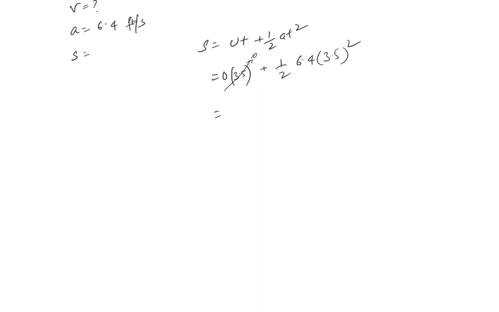So 0.5 times 6.4 times 3.5 square is 39.2 feet. Okay, so that is the displacement at timestamp t is equal to 16 seconds.